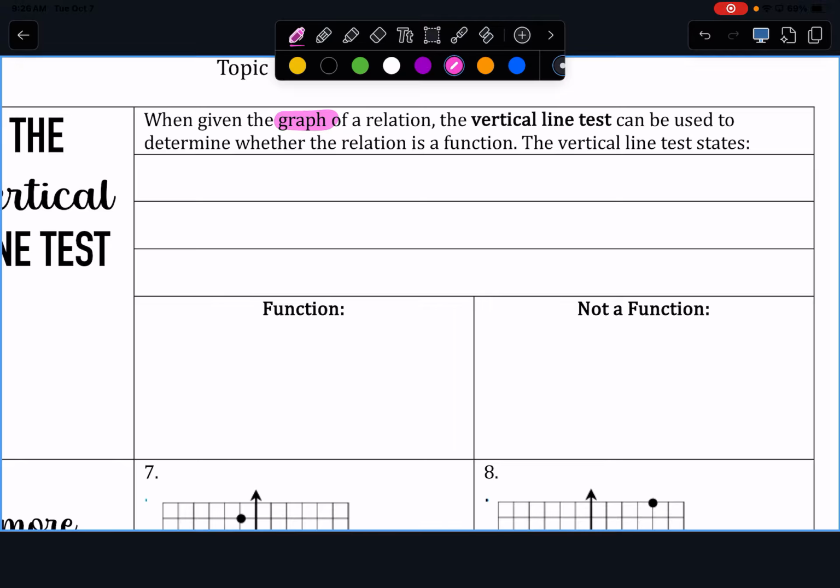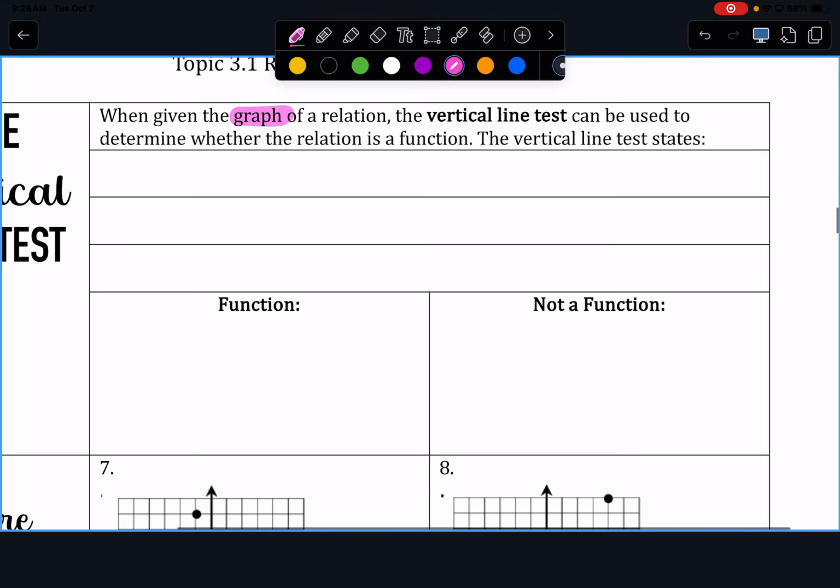All right. So, when given a graph, you use the vertical line test to determine whether the relation is a function.